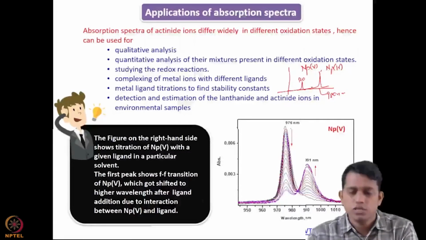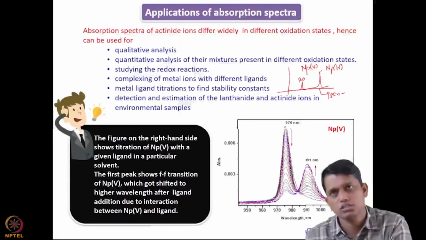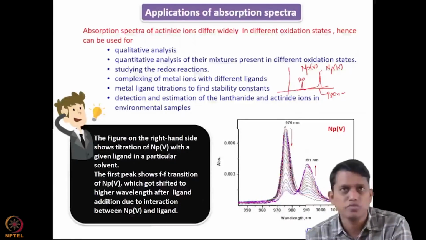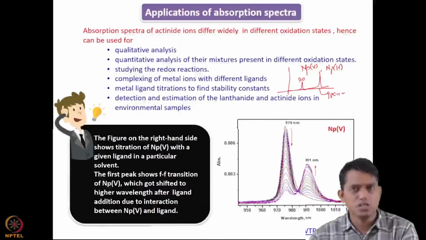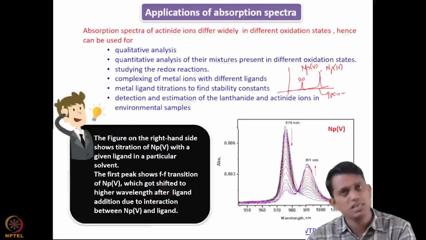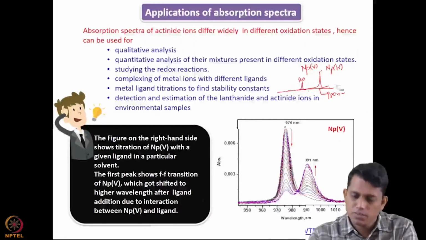So even if you have a mixture of oxidation states, just by looking at the spectra, you will be able to tell which oxidation states are present in your system. So one of the very crucial pieces of information you get is the qualitative analysis: yes, this is the ion, this is the oxidation state that is present. The second thing is, can we make some quantitative analysis out of this?